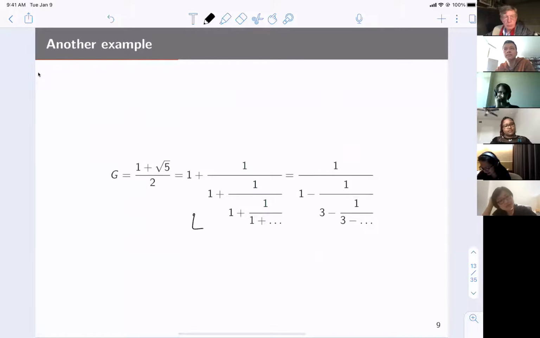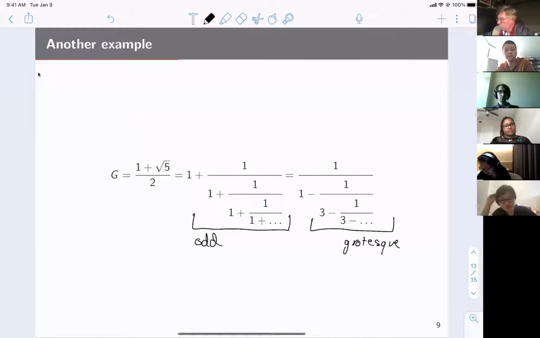Again, this one is going to be the first thing I define, which is the odd, and this one will be the grotesque. And I've been told that in German, grotesque maybe doesn't have quite the same connotation as in English, but that's what Rieger named them. They're not really that bad.